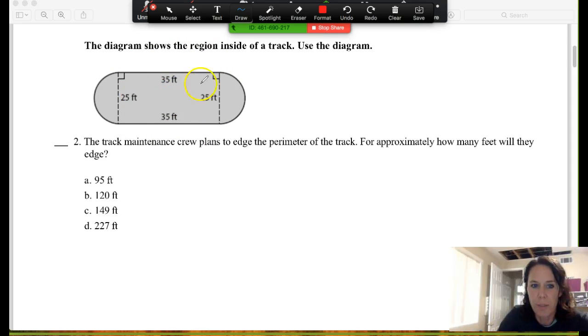Okay, the diagram shows the region inside of a track. We're going to use this diagram. So if you have a track and the football field's in the middle and you have the two end sections, the track maintenance crew plans to edge the perimeter of the track. For approximately how many feet will they edge? Well, if you look at this, what we have here is a rectangle.